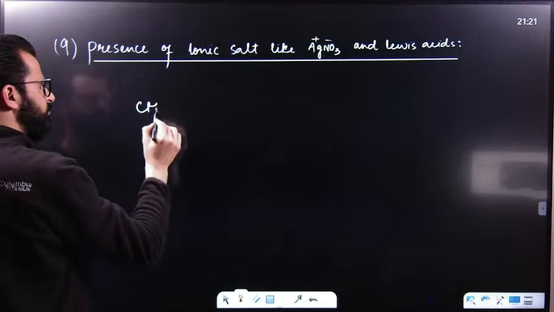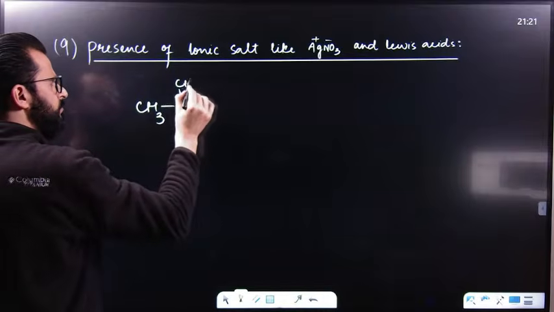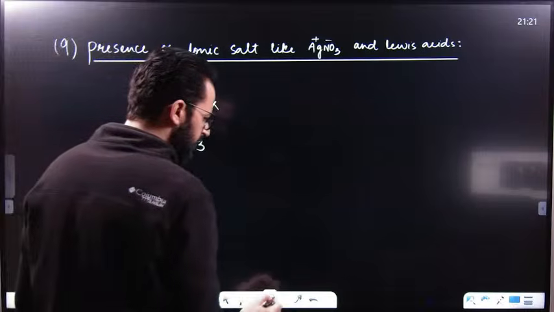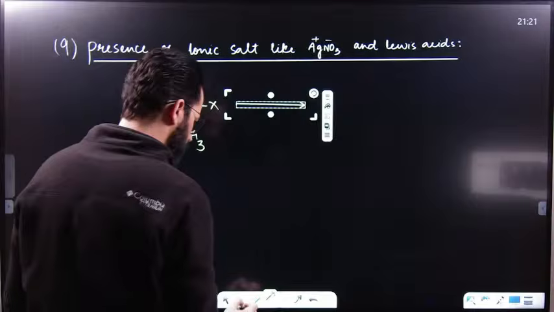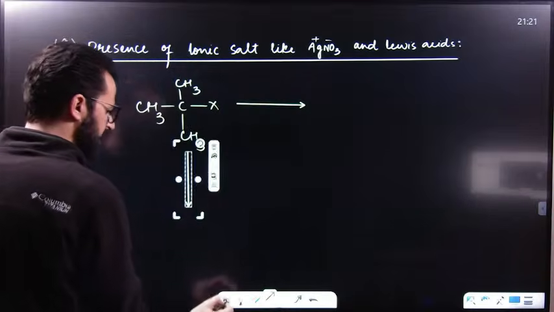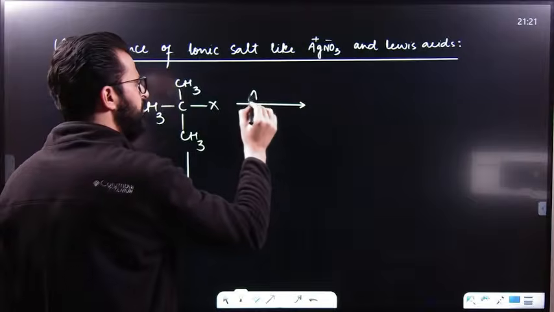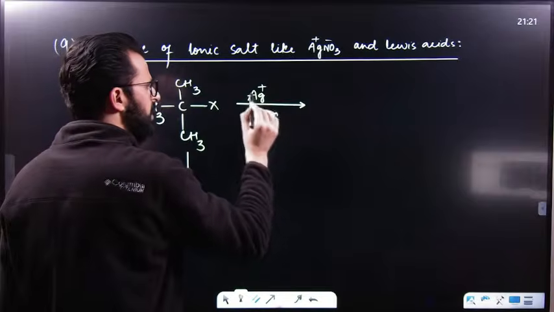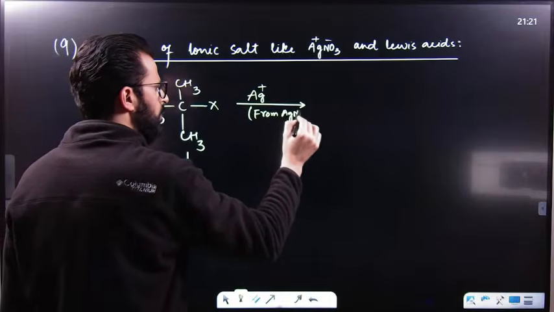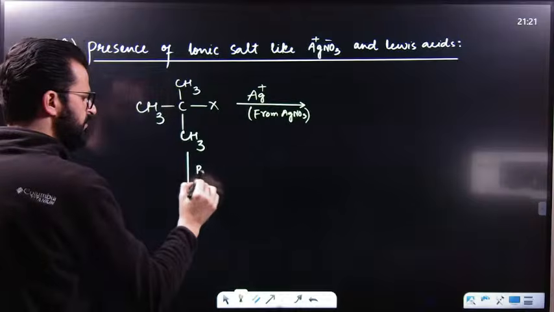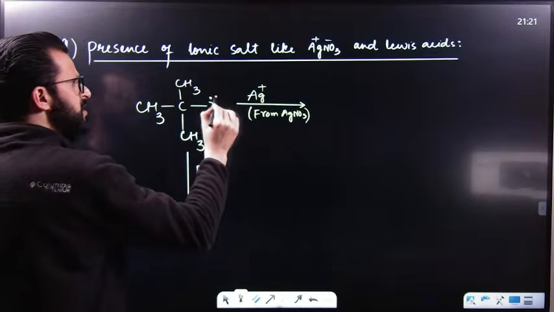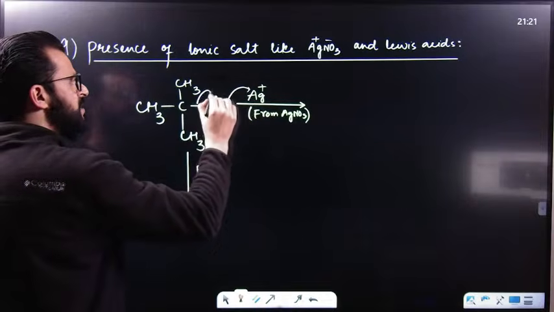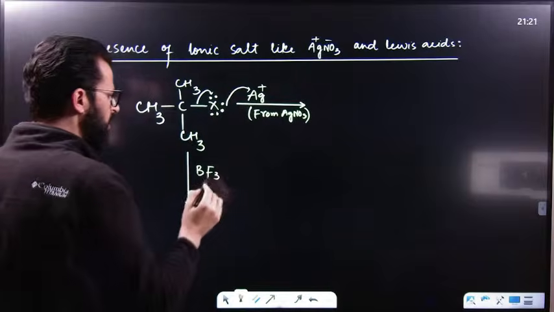If you have an alkyl halide that undergoes SN1 reaction in presence of a Lewis acid, say for example Ag positive from AgNO3 or any other Lewis acid, say for example BF3, what will happen? This lone pair forms a bond with it, and as this becomes X positive, it will be easily removed.